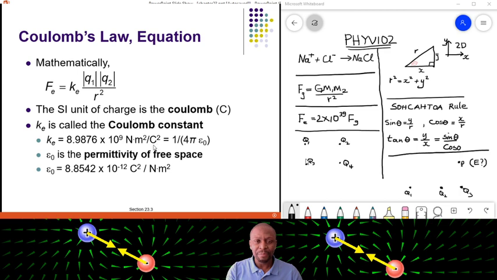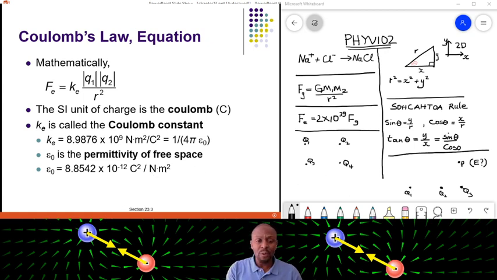This constant is defined in terms of the value given here in these units. This value is obtained by 1 divided by 4 pi epsilon naught, where epsilon naught is the permittivity of free space, and the value for the permittivity of free space is given as 8.8542 times 10 to the power minus 12 coulomb squared per newton per meter squared. Right.